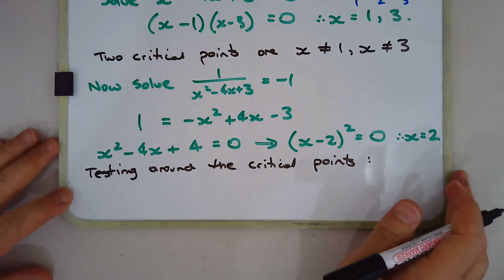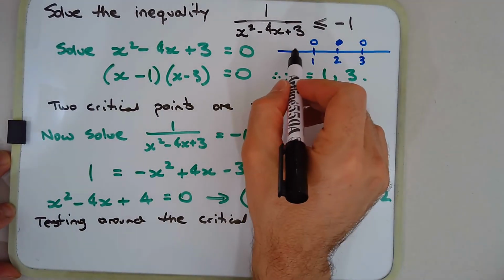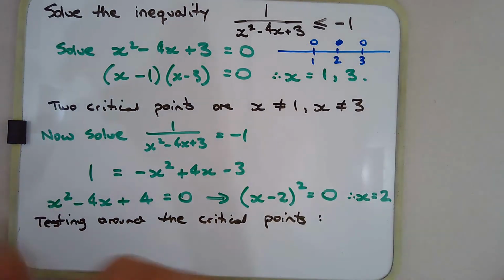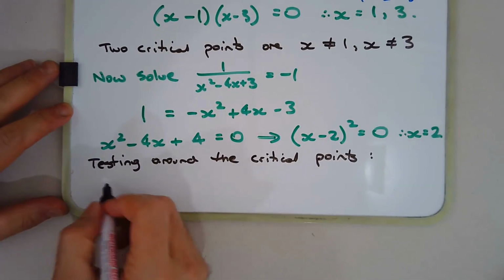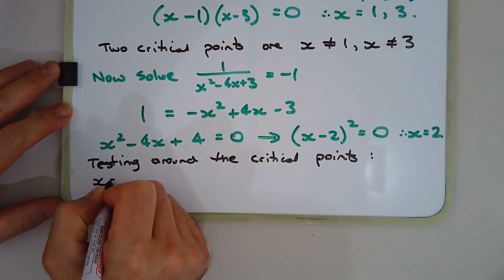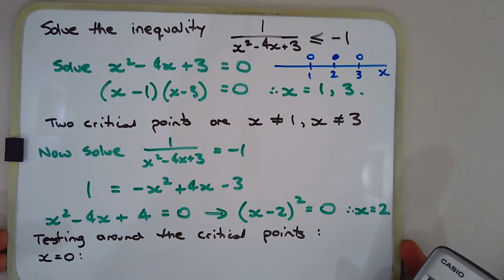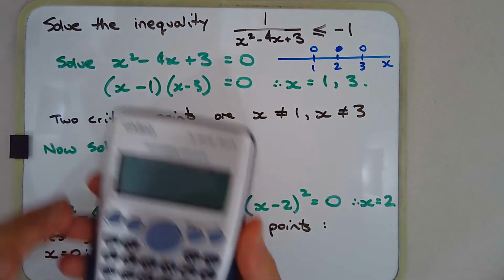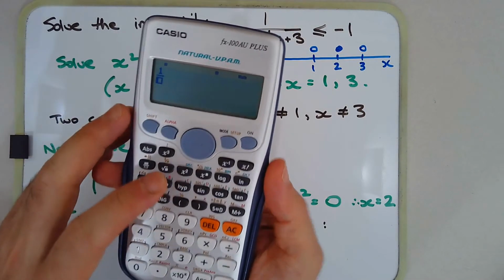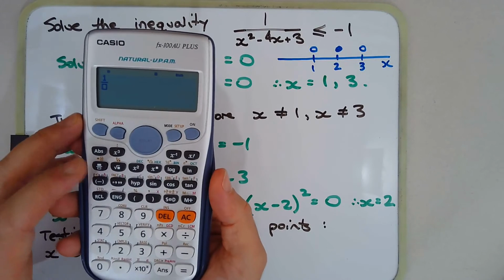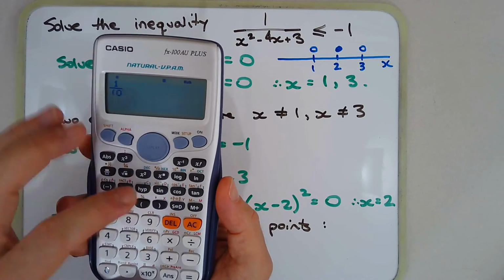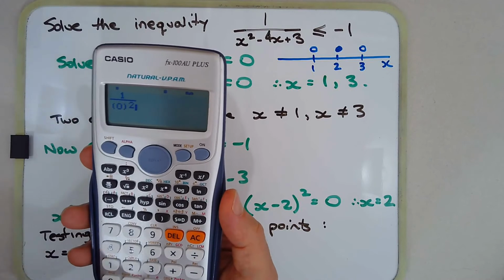The first one that we'll test is x equals 0. We're just testing to see that it's in fact less than -1. So let's go back to the original expression. A good thing about this is you can just replay the calculation when you need to.